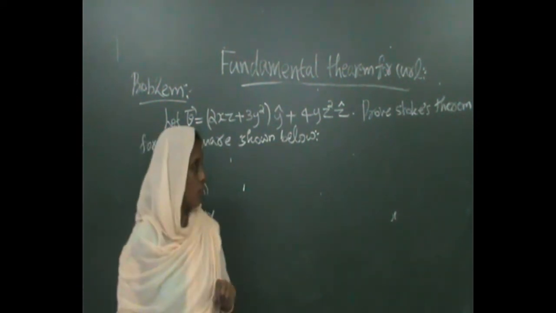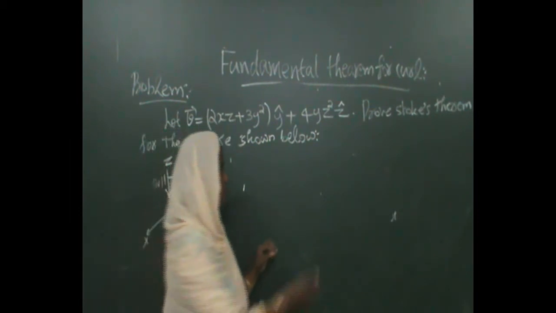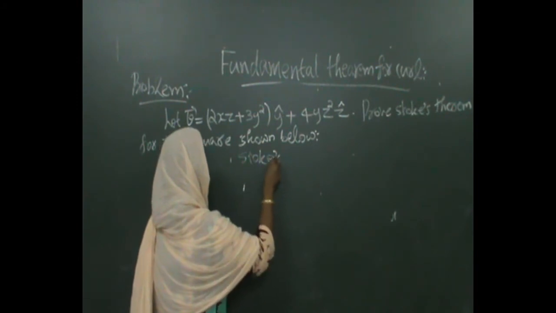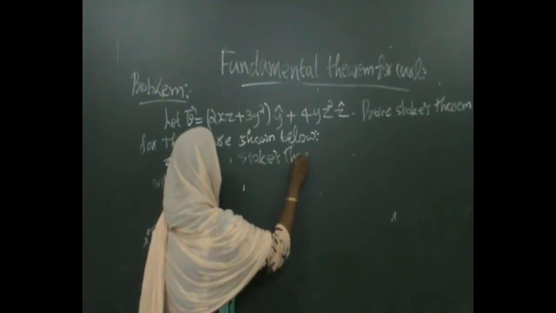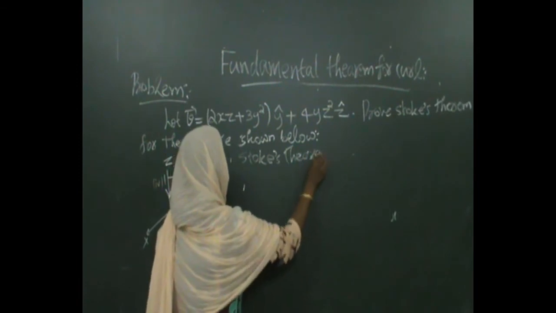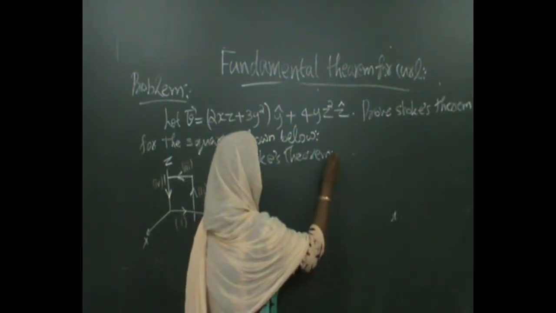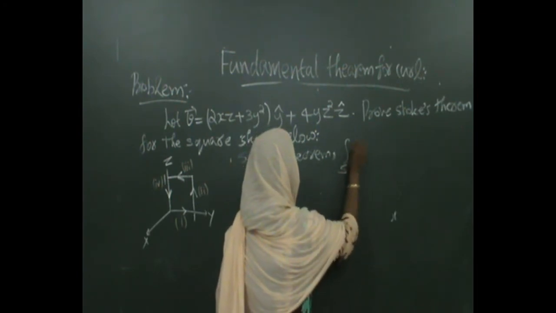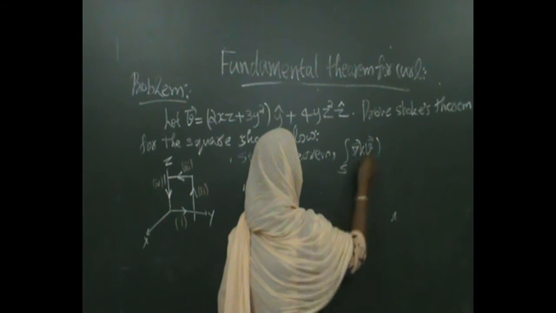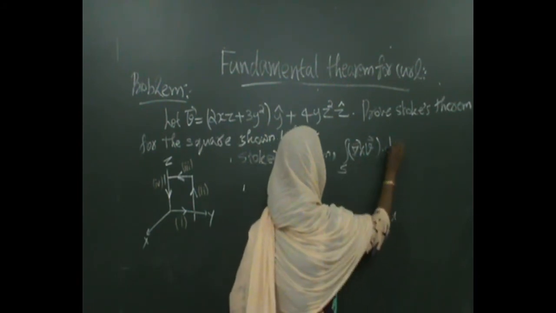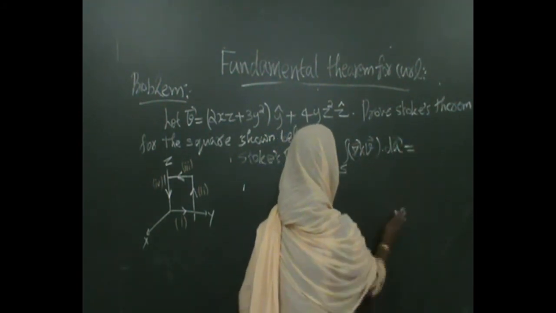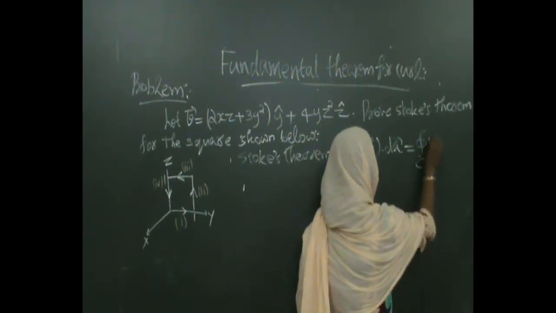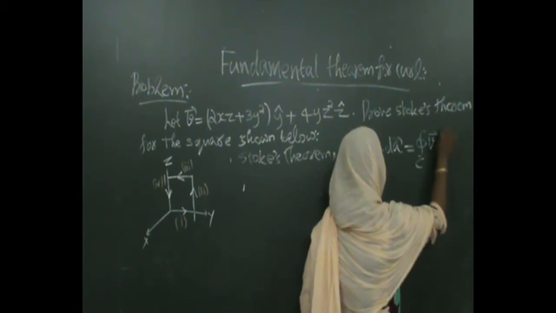So first we write the Stokes theorem. The surface integral of del cross V dot dA is equal to its circulation, the line integral of V dot dl.